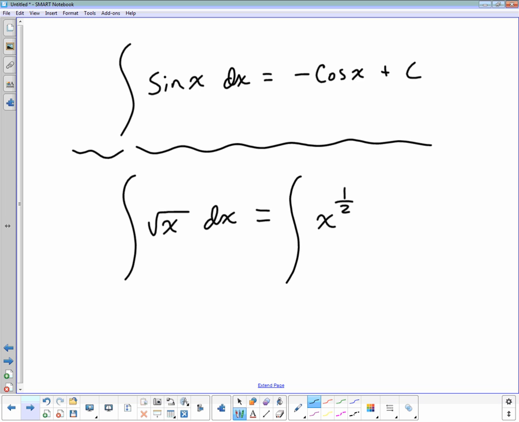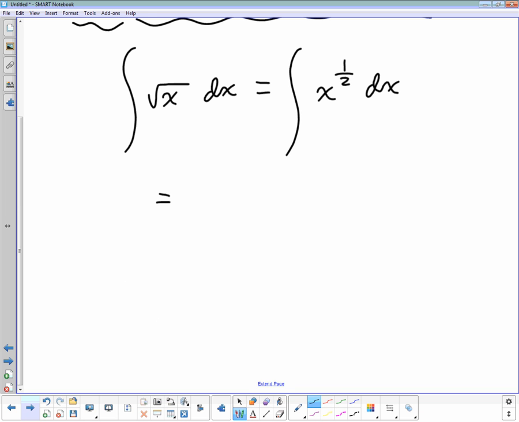So we add 1 to the exponent. It is weird doing it backwards, but you'll get used to it. And now we have to get rid of the 3/2 when it comes down.